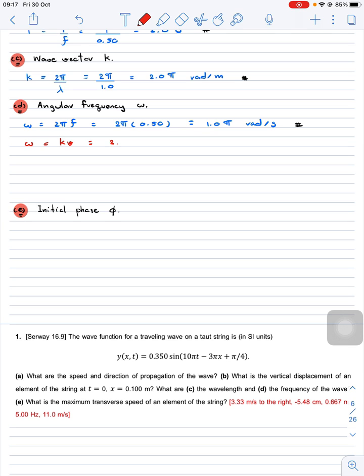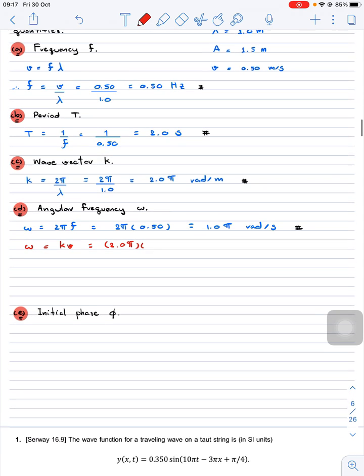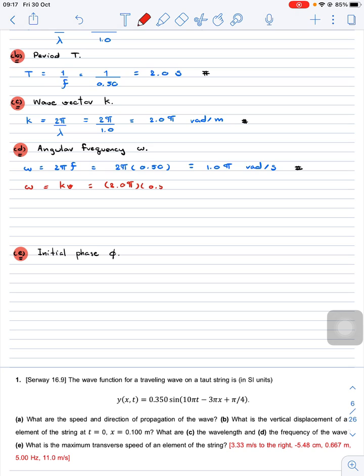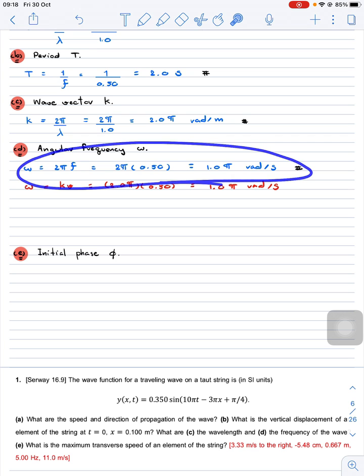The k is 2.0 times pi, and v is 0.5 meter per second. Then it is equal to 1.0 times pi, radian per second, the same answer as the previous one.